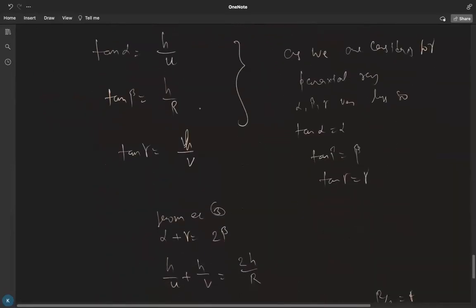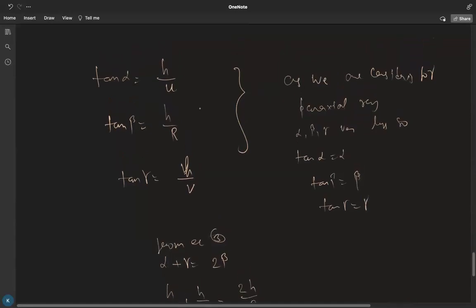I'm again telling you, we derive all of the formulas for paraxial rays. In the case of paraxial rays, the angle of incidence is less than 4 degrees. So from the small-angle approximation of trigonometric identities, tan alpha is equal to alpha, tan beta is equal to beta, and tan gamma is equal to gamma.